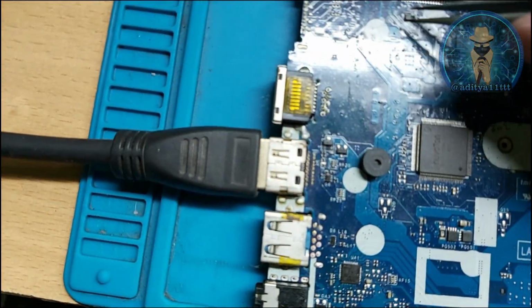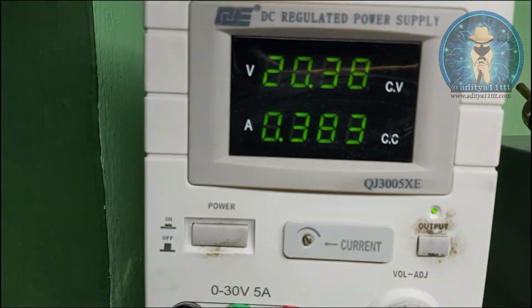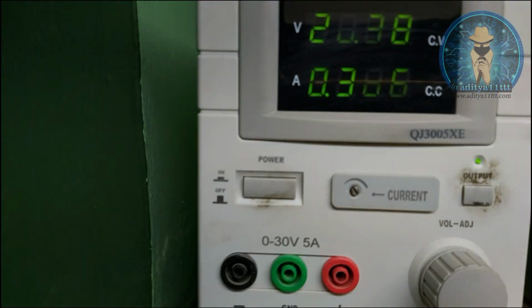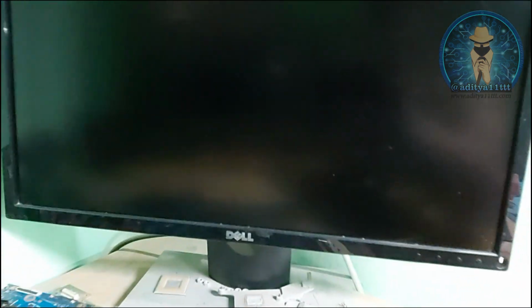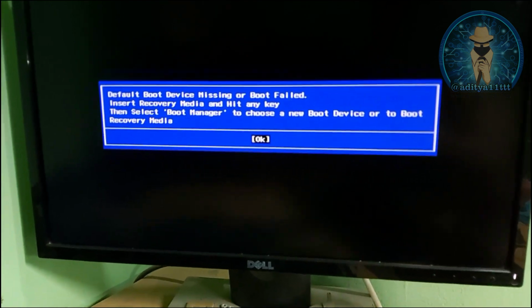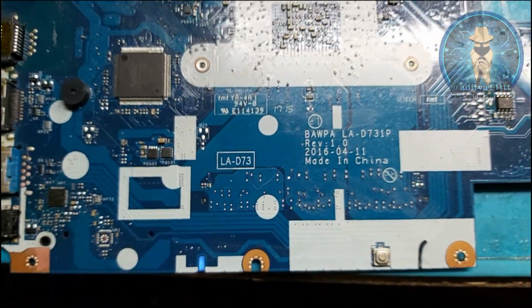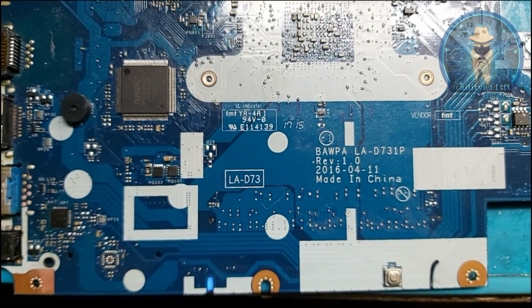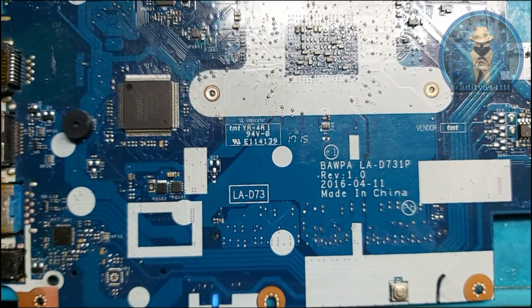Again I am triggering the motherboard. It's taking good ampere. Also my display is good. Okay, so due to RAM reference voltage missing, MBD is unable to give display and it's taking high ampere. Okay, thanks for watching. Have a nice day.